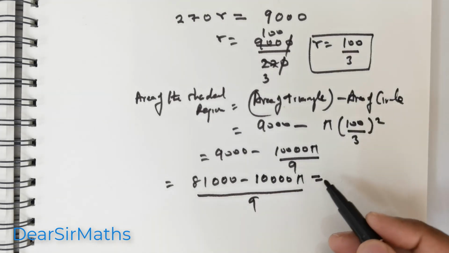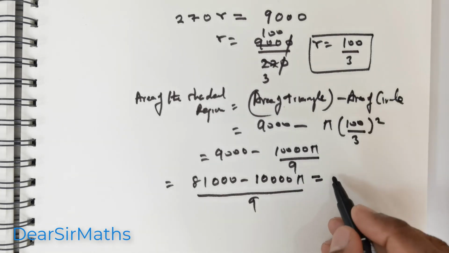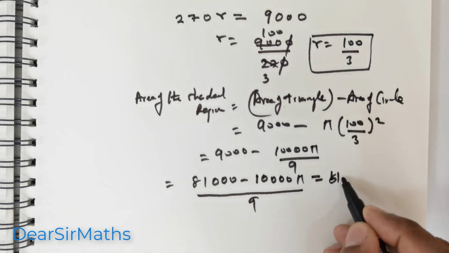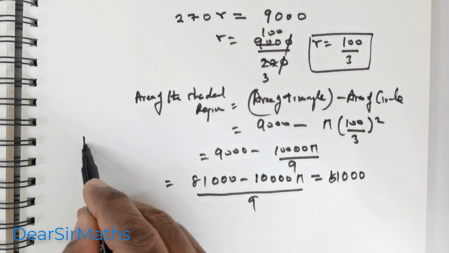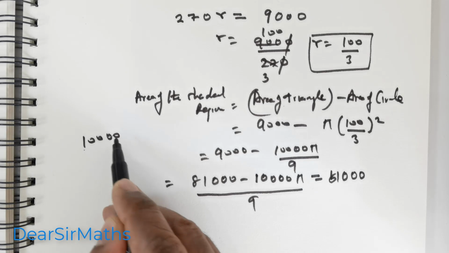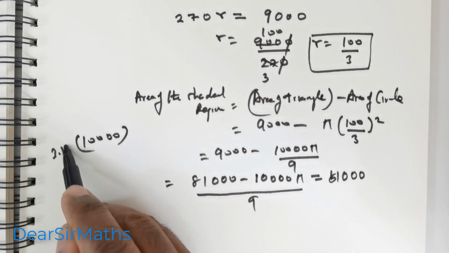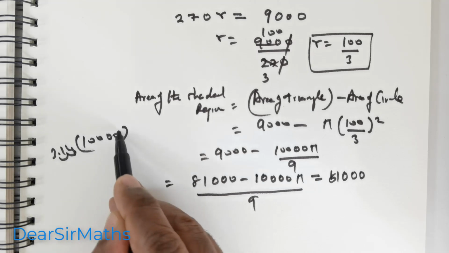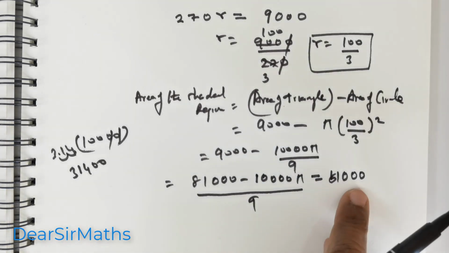So if I were to take the value of pi as 3.14, then 81000 minus 10000 times 3.14. You multiply, so you get 31400.